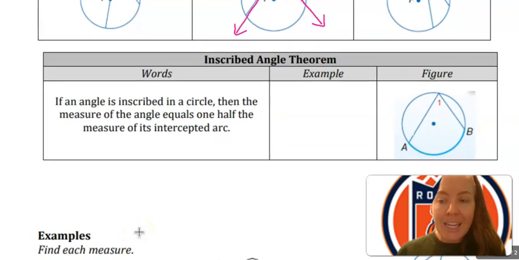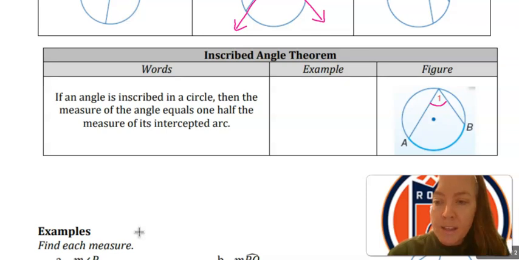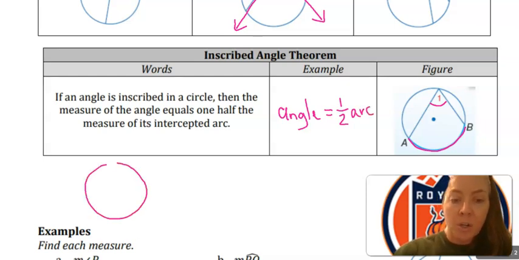So let's think about the size, though, because that's what we're going to focus on. If you have an inscribed angle, like angle 1, the rule is that the angle is equal to half of the arc. When we had central angles, if the angle was 50, its arc was 50.